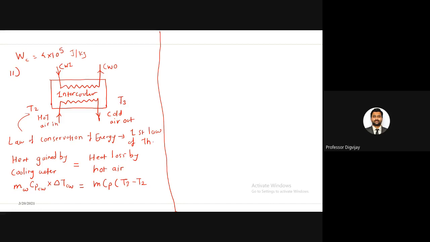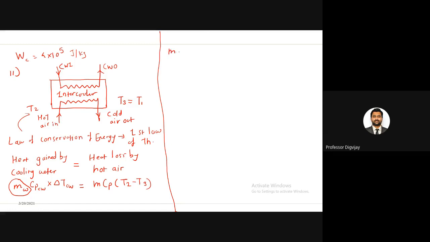T3 is the outlet temperature. In this case, they have given that this outlet temperature is equal to the suction temperature. That means T3 will be equal to T1. So sorry, this will be T2. T2's temperature will be higher than T3, so T2 minus T3. Okay. So here we have to calculate what the mass flow rate of water will be.